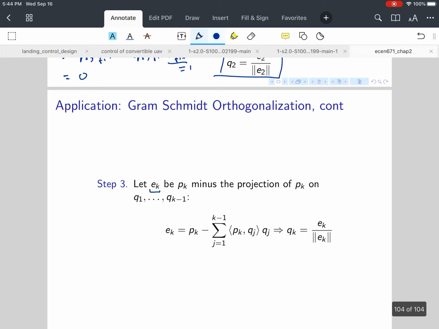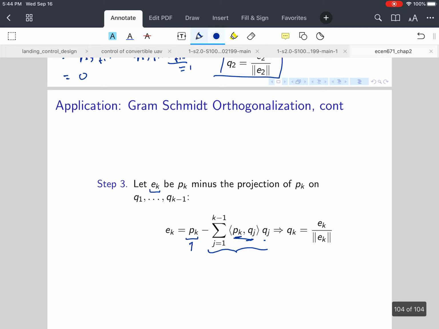And then we keep on going. So when we get to the kth element, we're going to let EK be PK, and now what we have to do is subtract out how much of PK is in the direction of each of these: in the direction of Q1 times Q1, minus how much is in the direction of Q2 times Q2, all the way up until QK minus 1.